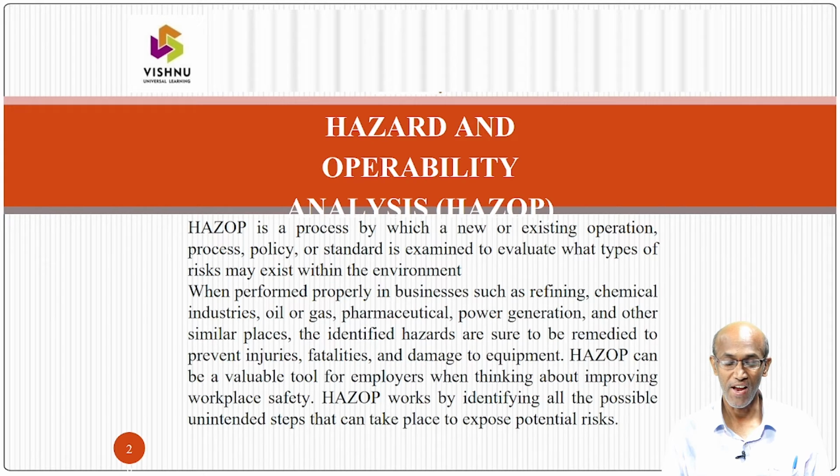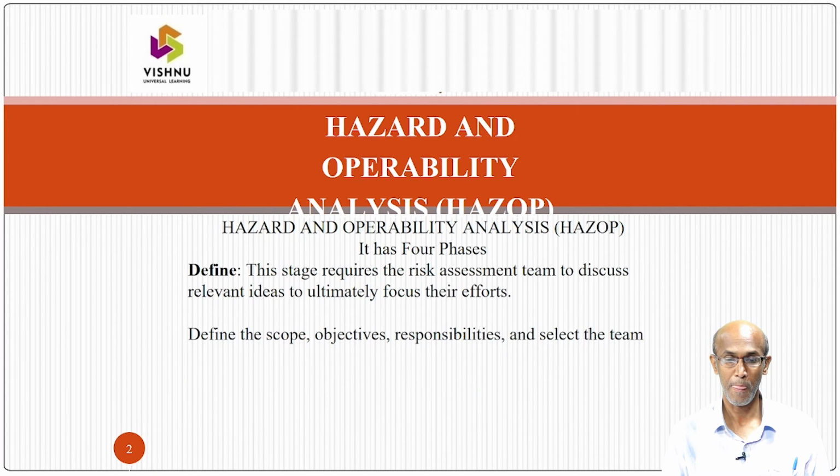HAZOP can be a valuable tool for employers when thinking about improving workplace safety. HAZOP works by identifying all the possible unintended steps that can take place to expose the potential risks.